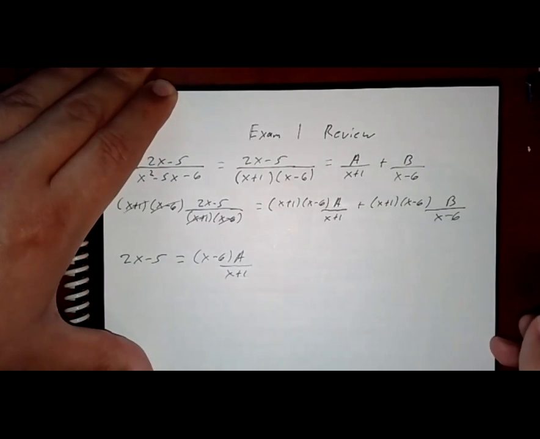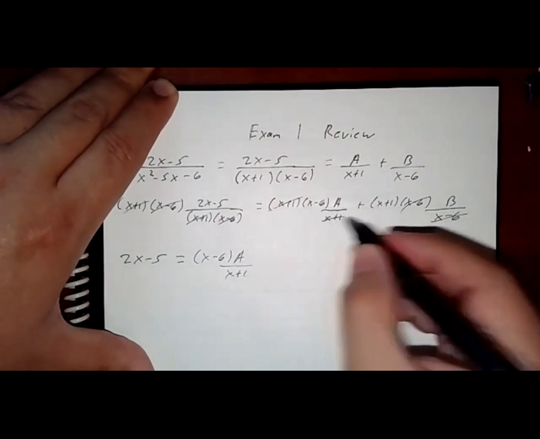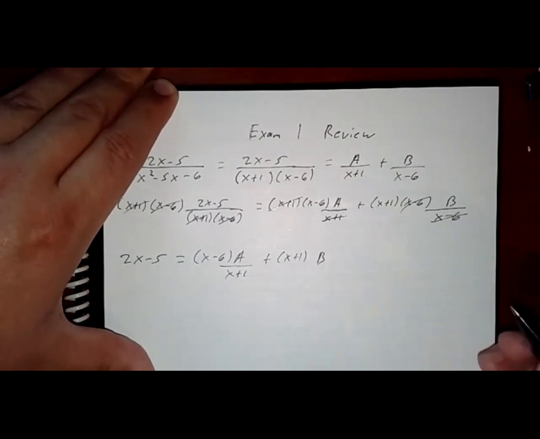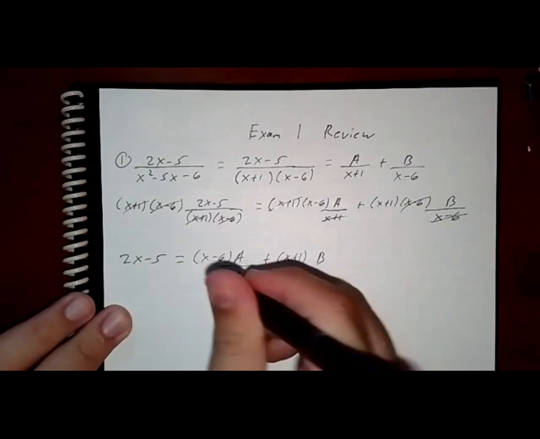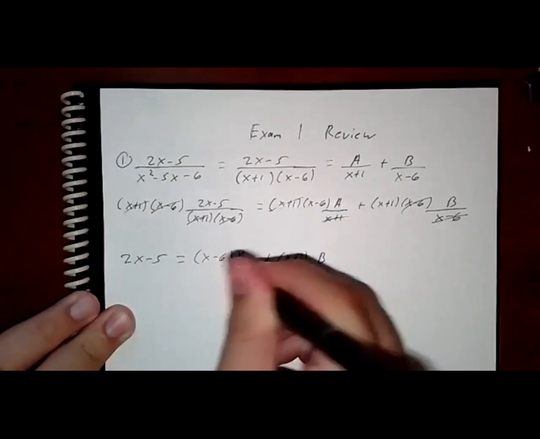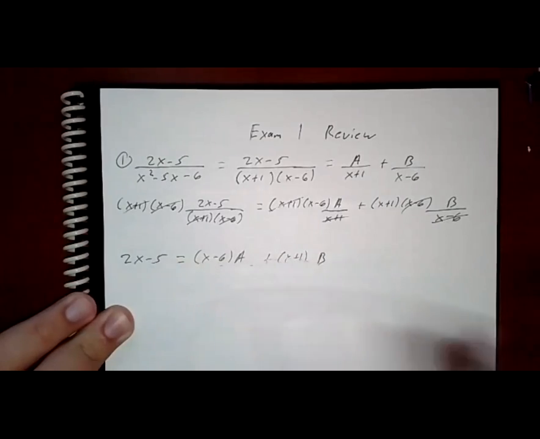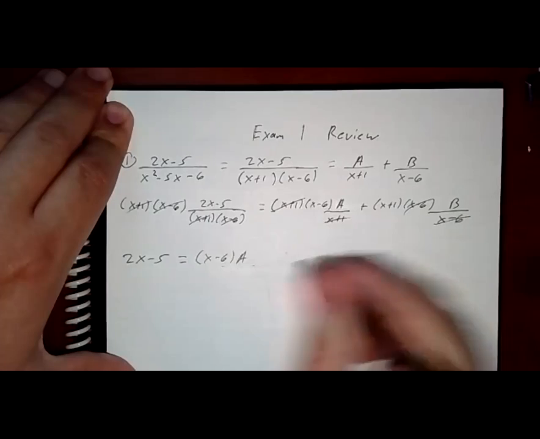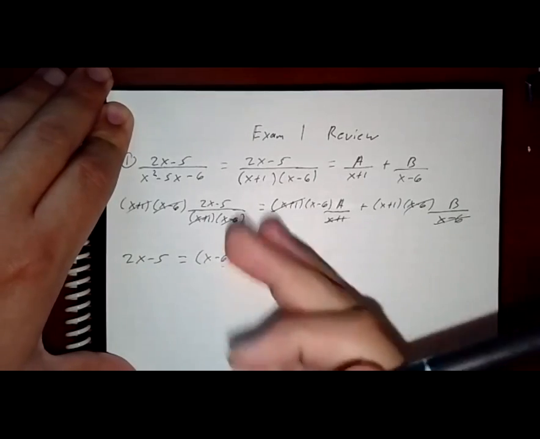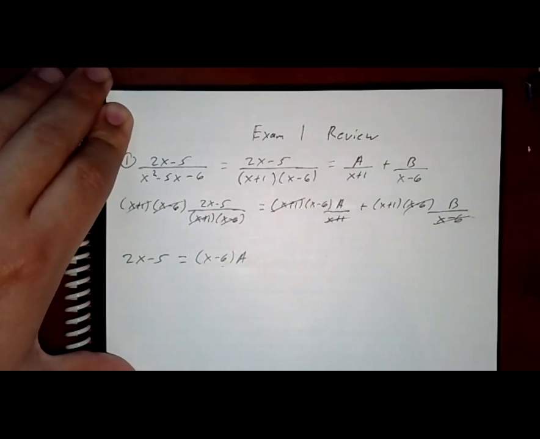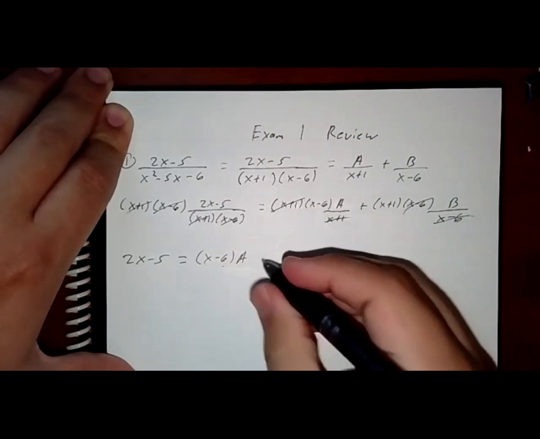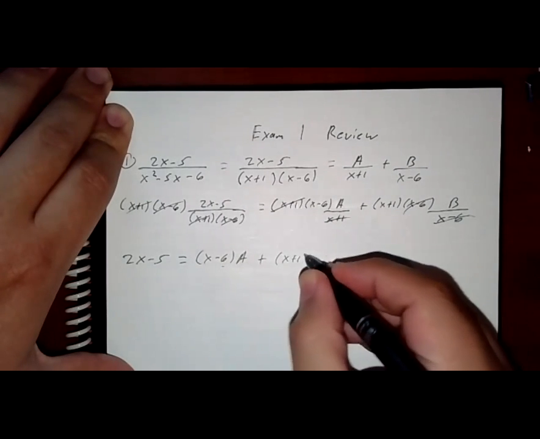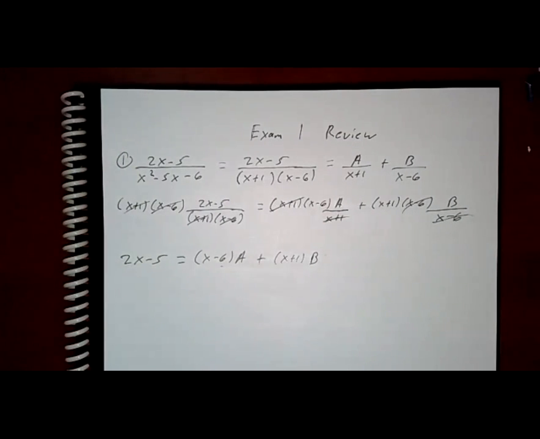X minus 6 cancel here, right? Leaving us with x plus 1 times b. I don't know why I wrote x plus 1. That already canceled. Sorry about that. Okay.